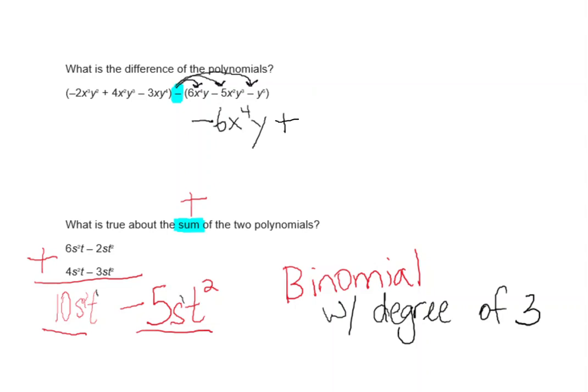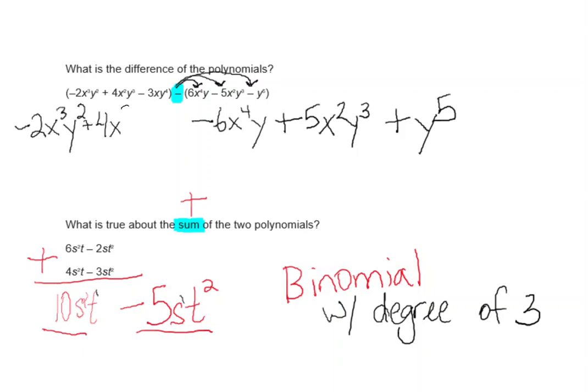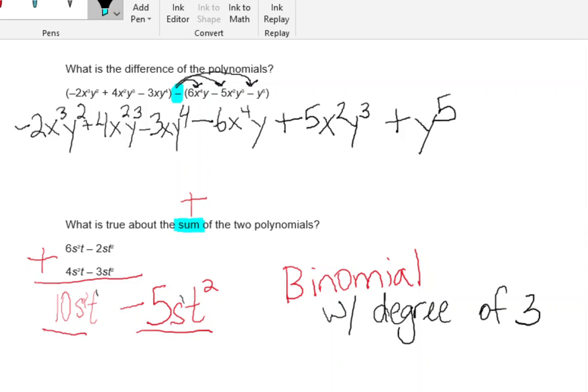Negative makes a positive 5x squared y cubed, and then negative makes a positive y to the fifth. And then we can just bring down the first parentheses, -2x cubed y squared plus 4x squared y cubed minus 3xy to the fourth.